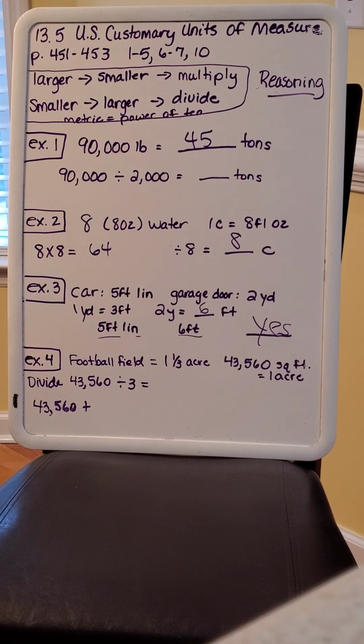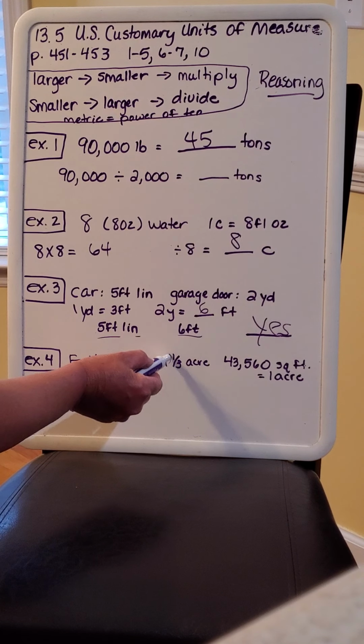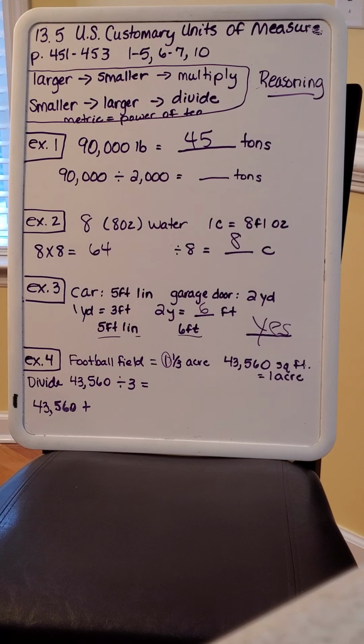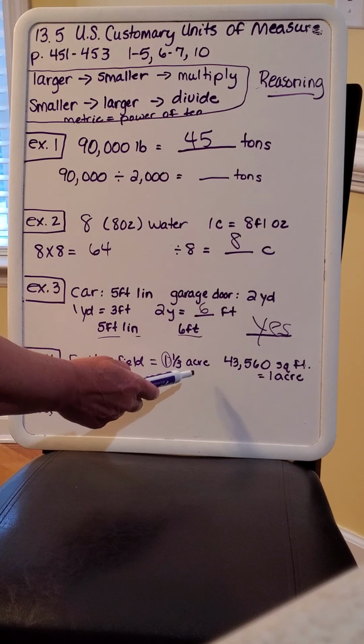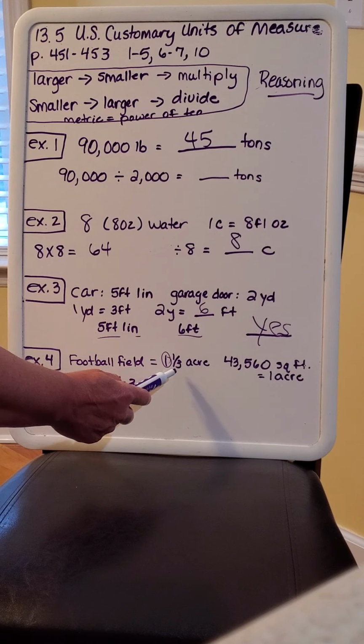Example 4. This is talking about a football field. It is 1 1/3 acres. So about how many feet is that? So you have 1 1/3. There are 43,560 square feet in an acre. So that takes part of the 1 acre, okay? So you have to find out how many feet are in the third.